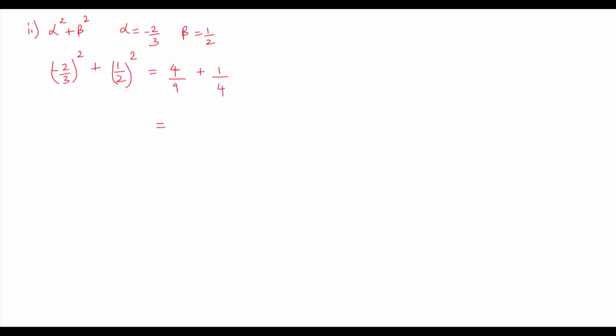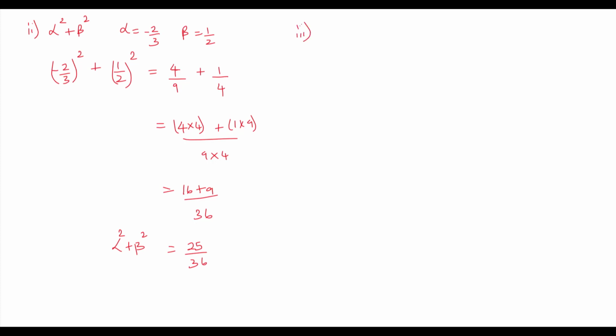So by doing LCM, 4 into 4 plus 1 into 9 by 9 into 4, 4 4s are 16, 1 9s are 9, 9 4s are 36, 16 plus 9 is 25 by 36. This is our alpha square plus beta square.